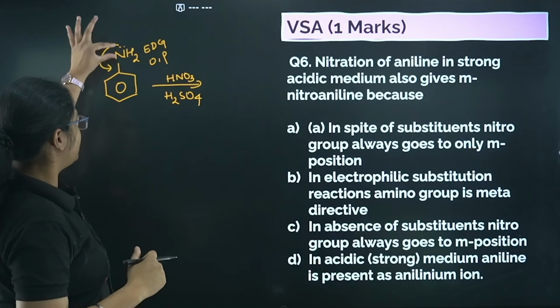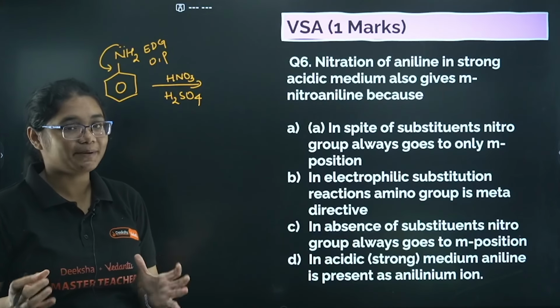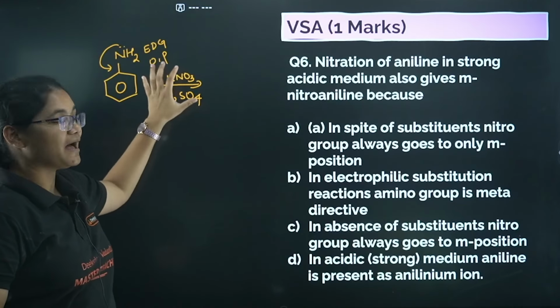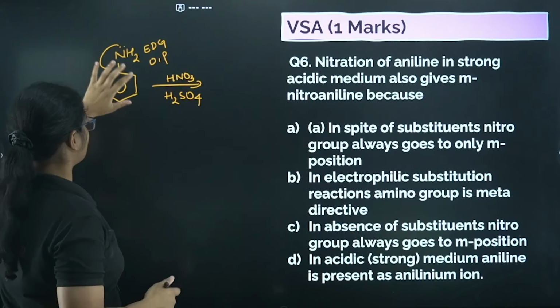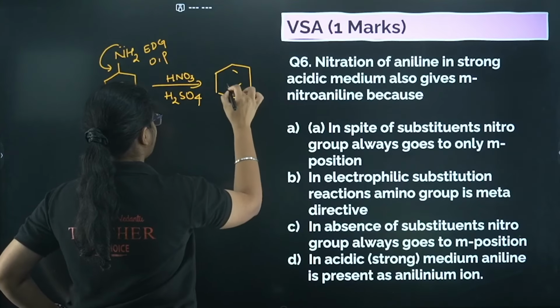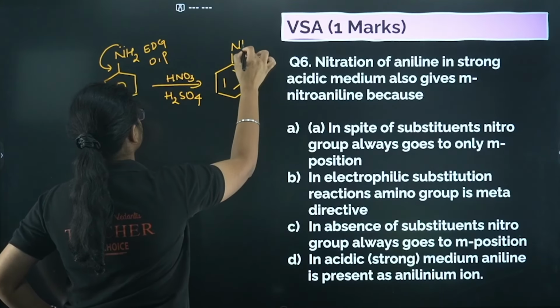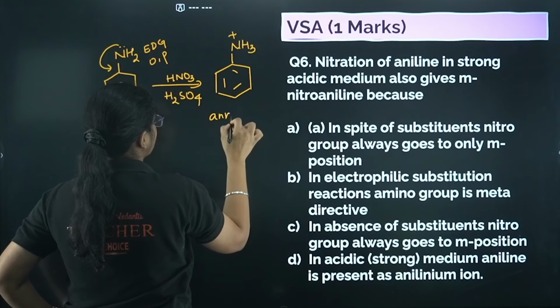Now see, NH2 has a lone pair of electrons, right? So it can behave as a Lewis base. And here you have ample amount of H plus because strong acids are used. So with this, what happens? This aniline gets converted to NH3 plus, which is my anilium ion.